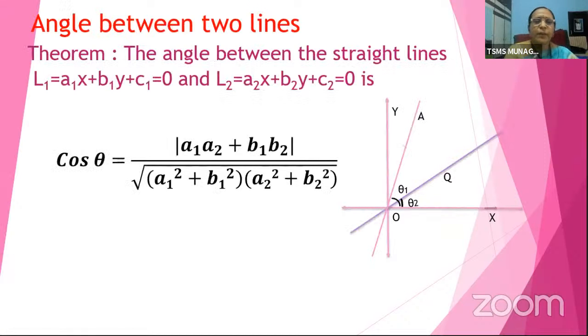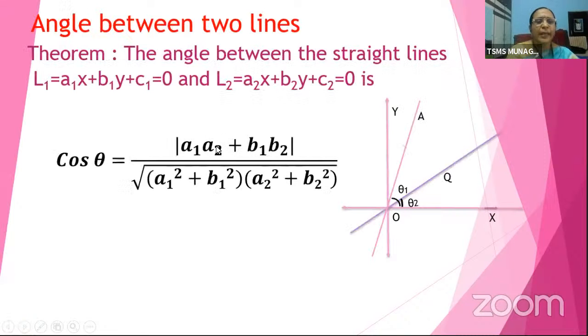Now here we need to remember this formula. It is just the product of coefficients of x plus product of coefficients of y, by A1 square plus B1 square, which are the coefficients of x and y of the first line, and A2 square plus B2 square, which are the coefficients of x and y of the second line.